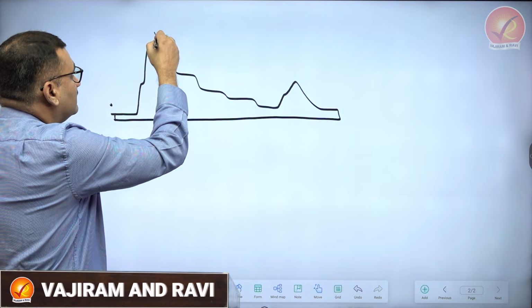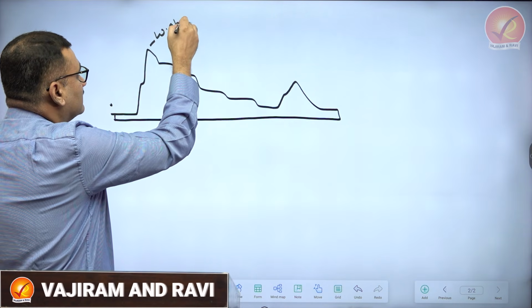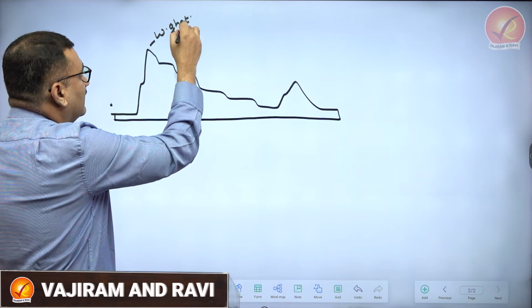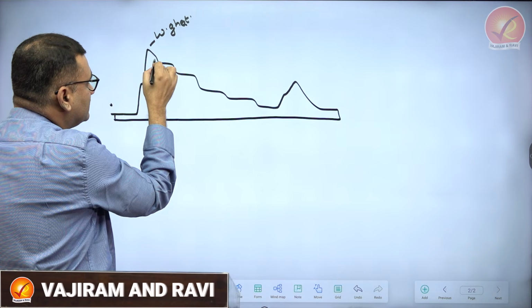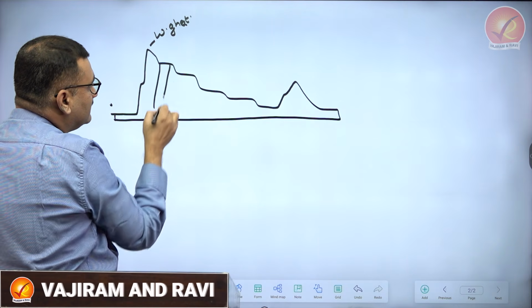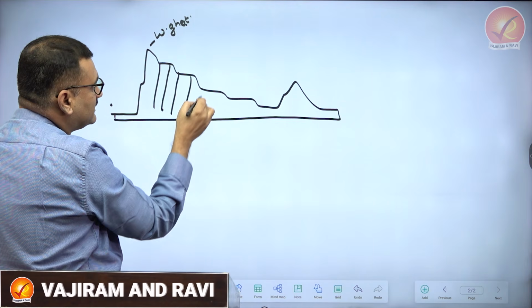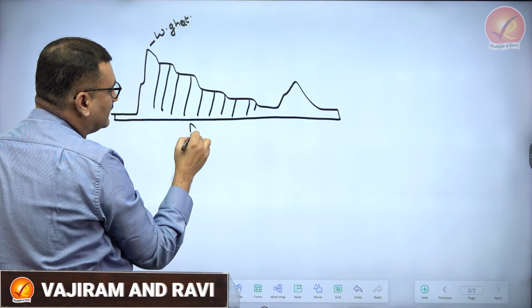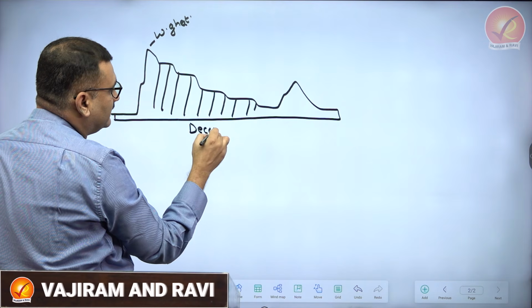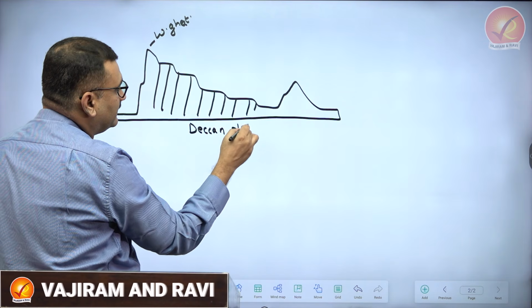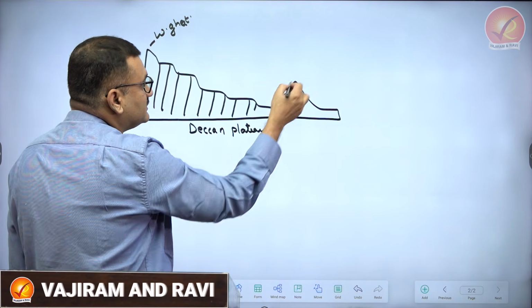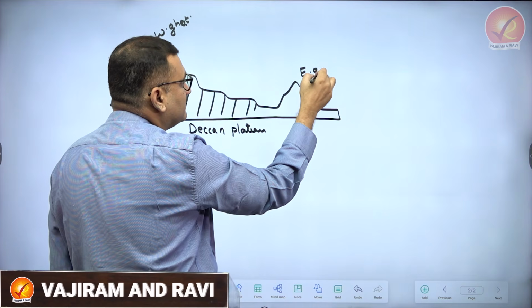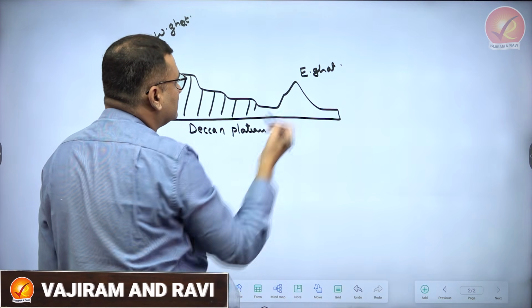This part is Western Ghat, and after Western Ghat, this much region, see, this part is where the volcanic eruption has occurred, and the height of the Deccan Plateau. So this is the region of Deccan Plateau, and towards the eastern side, this will be Eastern Ghat.